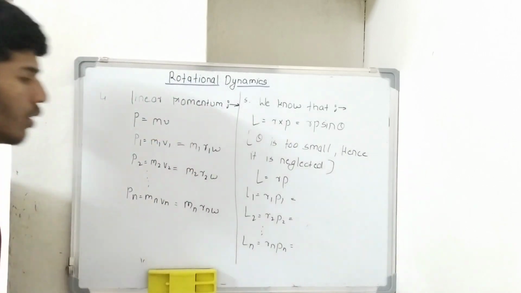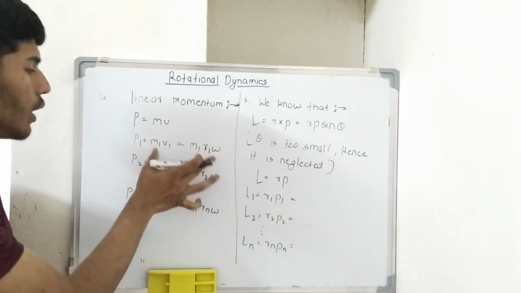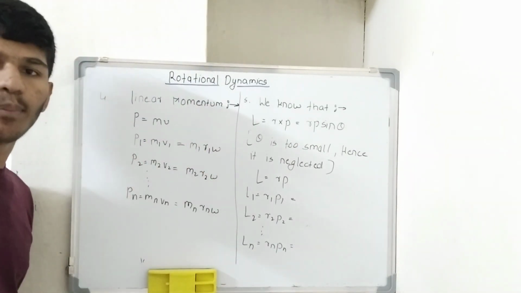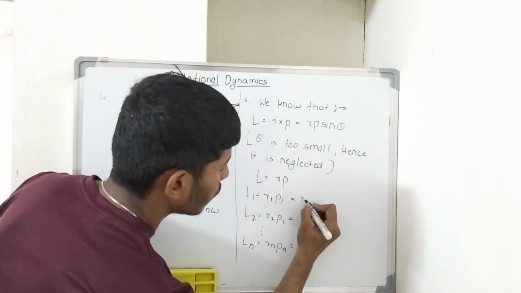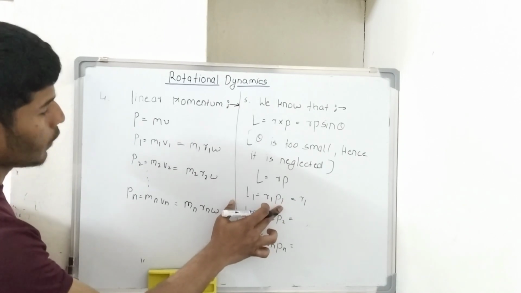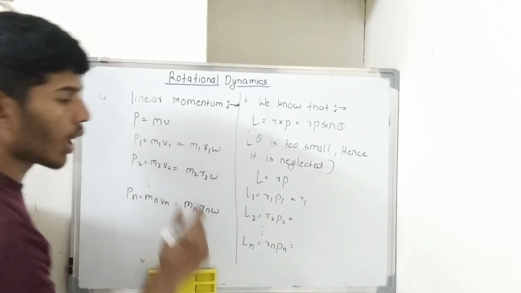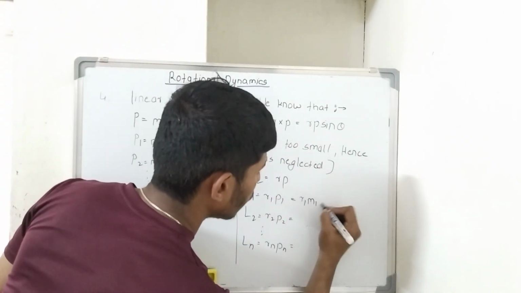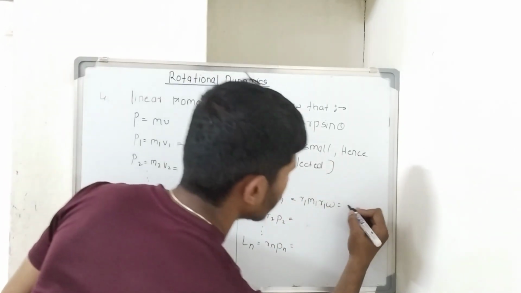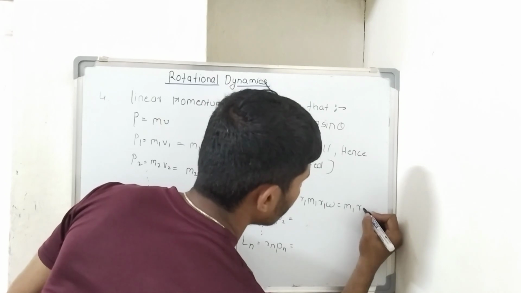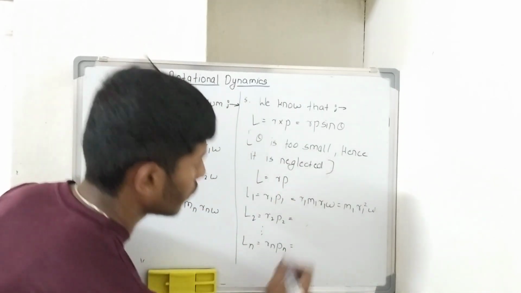Now we have to put the value of P1, P2, P3 till Pn in this expression. What was the value of P1? Here it is given as M1 R1 omega. So R1 times R1 becomes R1 square, and it becomes M1 R1 square omega.